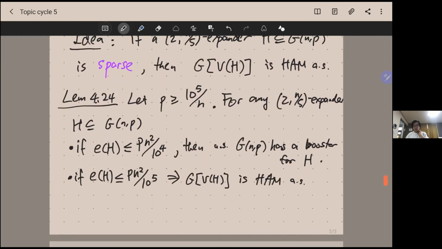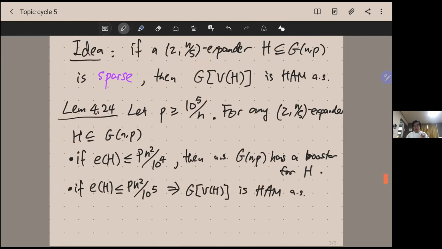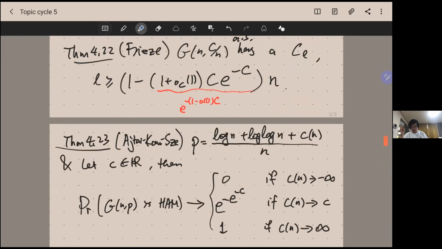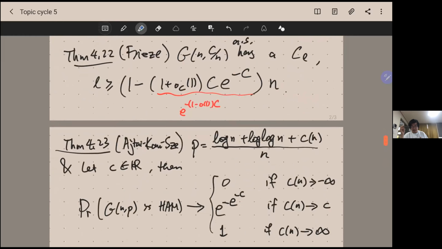So let's take a moment. Once again, all we need to prove is this one. When the expander is in addition sparse, then the random graph contains a booster for it. And how are we going to use it? Basically this reduces the task.